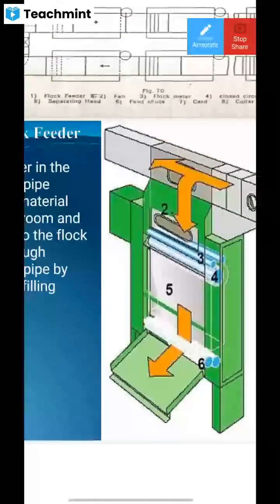So the condenser in the pneumatic pipeline suck the material from the blow room and delivered into the flock feeder through the pneumatic pipeline by the way of filling duct.